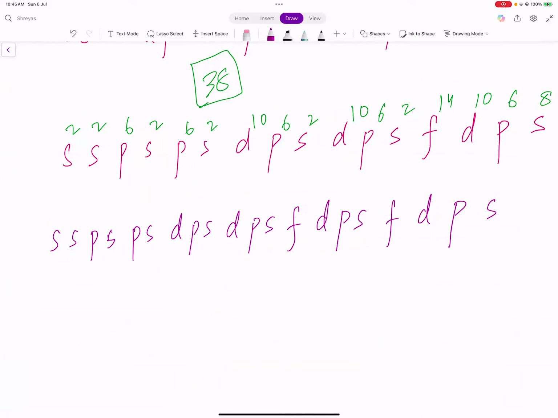So now we can count: 2, 4, 6, 10, 12, 18, 20, 30, 36, 38, 48, 54, 56.